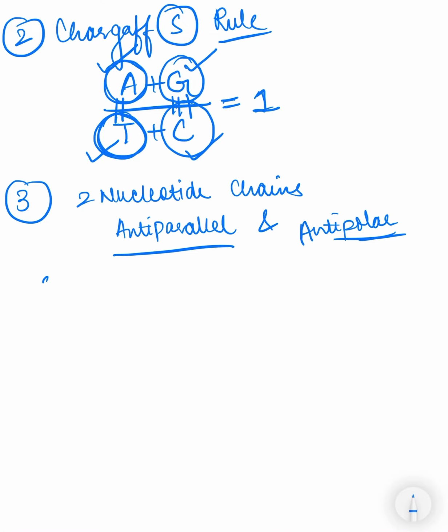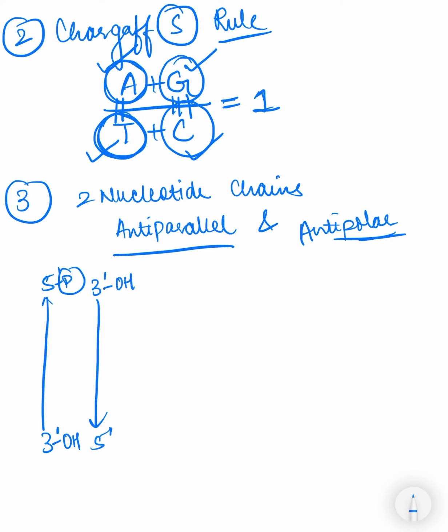If you remember, I said one chain shall be from 5' to 3' and the other chain would be in the opposite direction. That means 3' would be here and 5' would be here. Now if you can recall, 5' was the phosphate group and 3' was the OH group. Again, 3' shall be the OH group of the other chain and 5' shall be the phosphate group here. So this is how they are anti-parallel and antipolar.